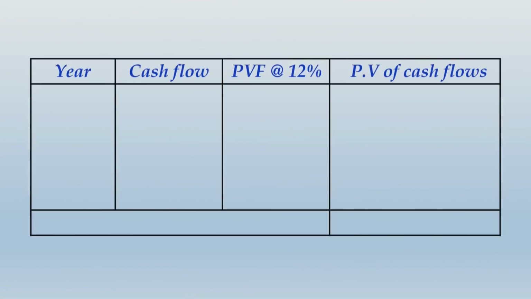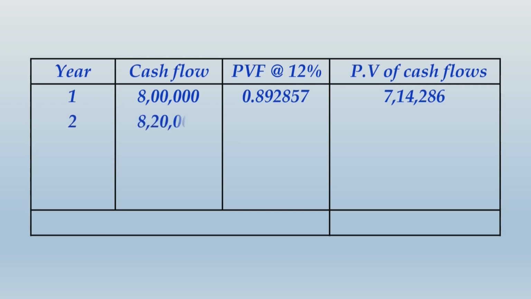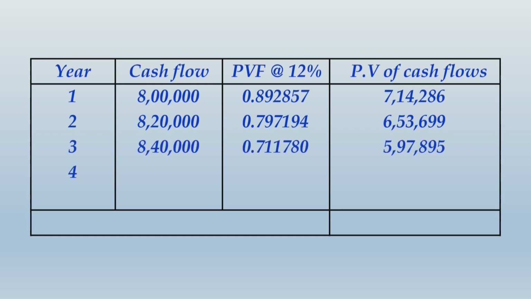So in your solution, you can draw this table the way we had been doing it earlier. Year 1 cash flow, its PV factor at 12% interest rate and the PV of cash flows. Year 2, can you notice in the year 2 the cash flow has increased by 20,000 as compared to year 1, then year 3, then year 4 and then year 5.